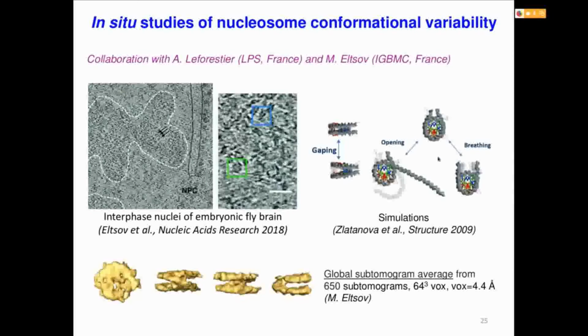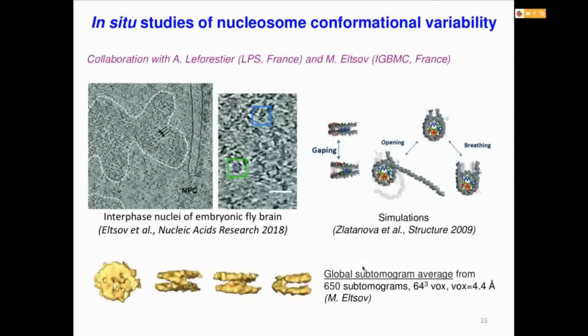We know from previous works on modeling of motions of nucleosomes that a nucleosome can adopt different motions like gaping, opening, and breathing. Our collaborators noticed in their experimental studies the variability of the nucleosome shapes, but they were unable to extensively study this variability because they didn't have tools for this, especially for continuous conformational variability.